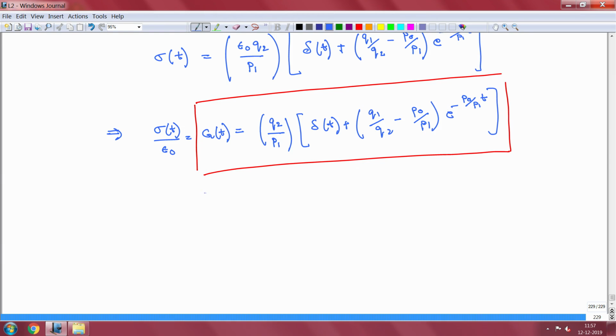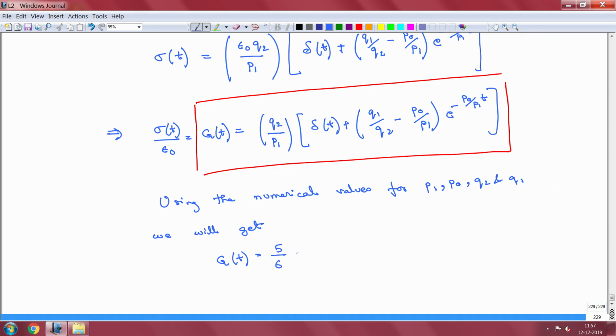So, using the numerical values for p 1, p 0, q 2 and q 1, we will get this g t as, okay, so this is the result that I got, and you are please invited to do this by yourself and check whether my expression is correct or not.